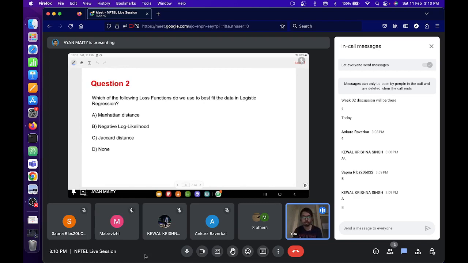If you go through the lecture, you will find that we are using log likelihood of all the data points, that training data points that we have. Because of log, we actually do multiplication of the probability values. Because of log it becomes summation.